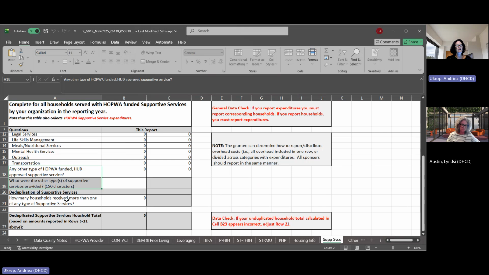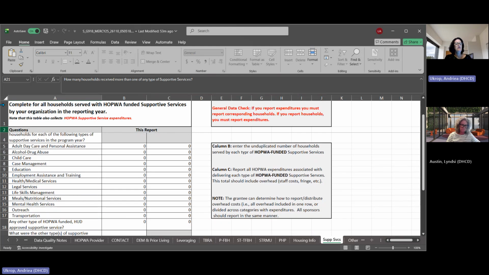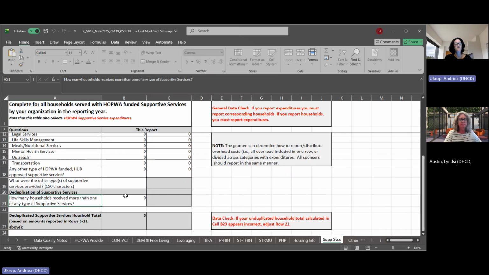In 21, so here, if you are providing more than one type of assistance, then you are going to want to list the number of households that receive more than one type of assistance. Again, this is only with your HOPWA funding coming from DHCD, not from any other source. So that is what you put there in row 21.